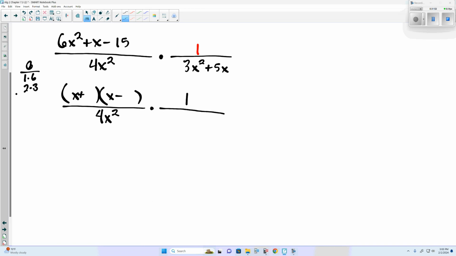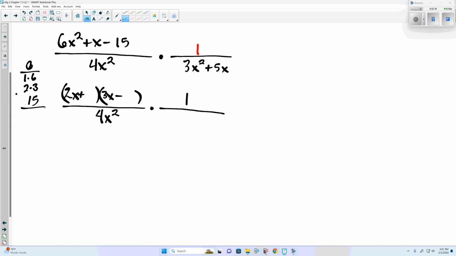Which one do we want to try first? 2 and 3. Where do we want to put the 2? Where do we want to put the 3? 2 or 3 first? We can just pick one. 2, 3.